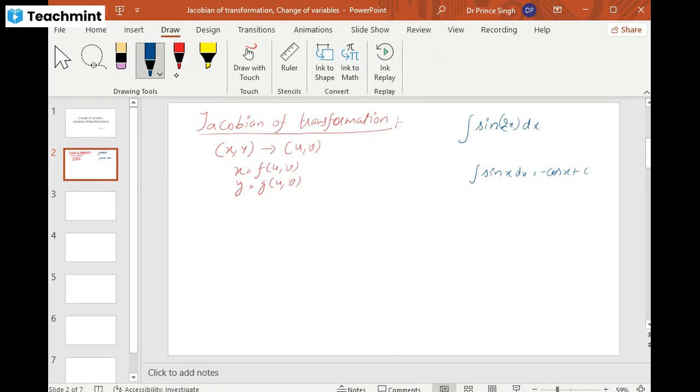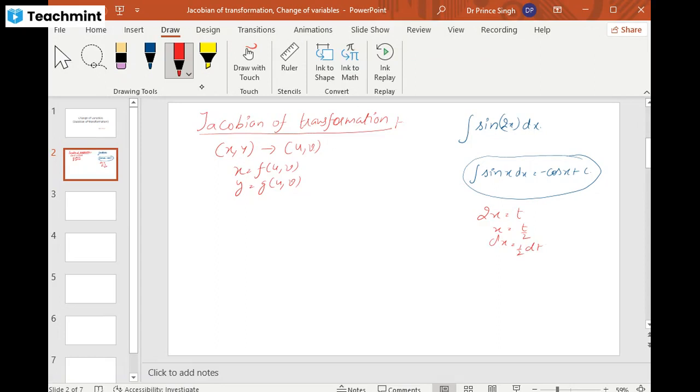To use this particular identity, I'm going to transform this variable into a new variable. For that purpose, suppose that I make a transformation, let 2x equal t. So x is equal to t by 2, and dx is equal to 1 by 2 times dt.